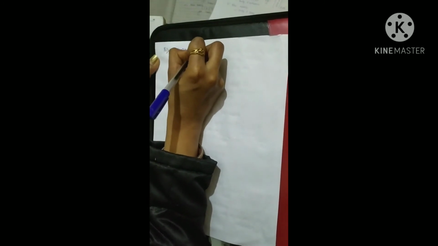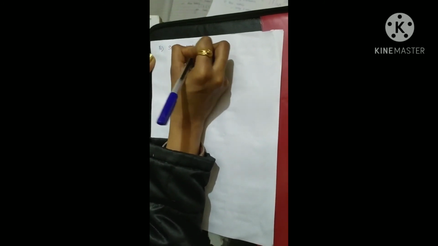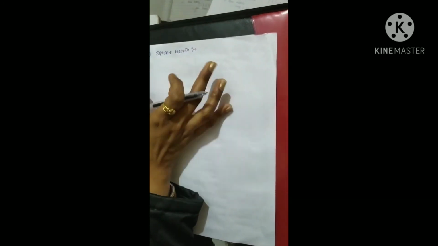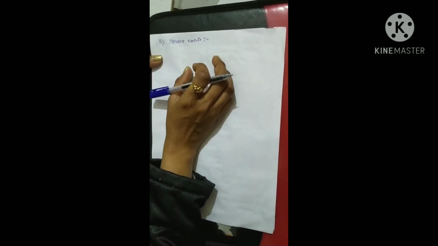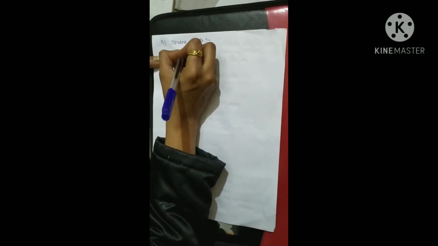Now, next one is square matrix. Square matrix means in which the number of rows and number of columns are equal.